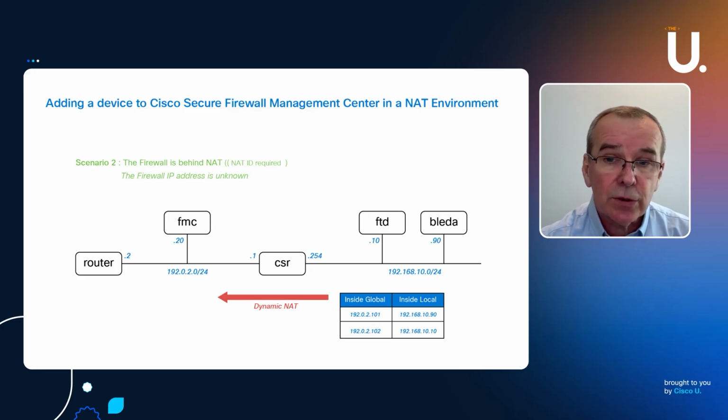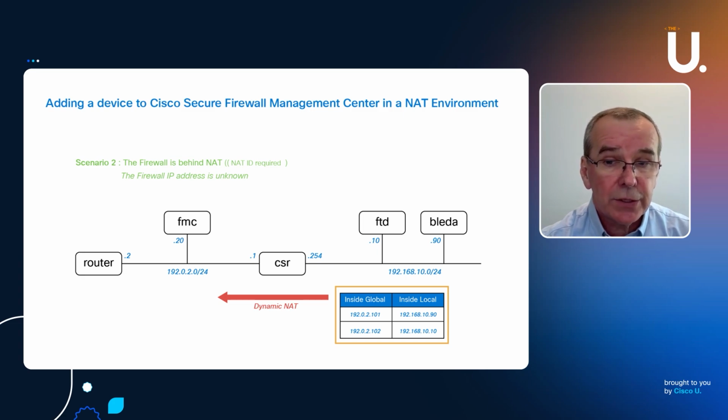So it's dynamic NAT. And what we've done is applied a pool of addresses that get NATed to. So an address from the firewall zone gets NATed to an address in the manager zone. So for example, the private address of the host Bleda, 192.168.10.90, may get dynamically mapped to 192.0.2.101 for an outgoing connection initiated from Bleda.